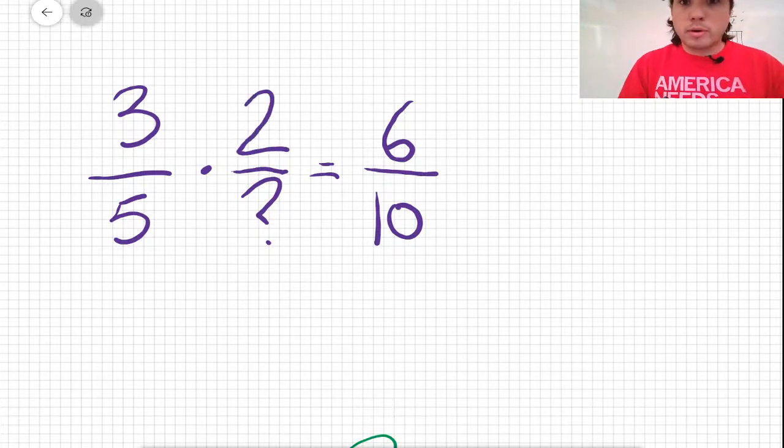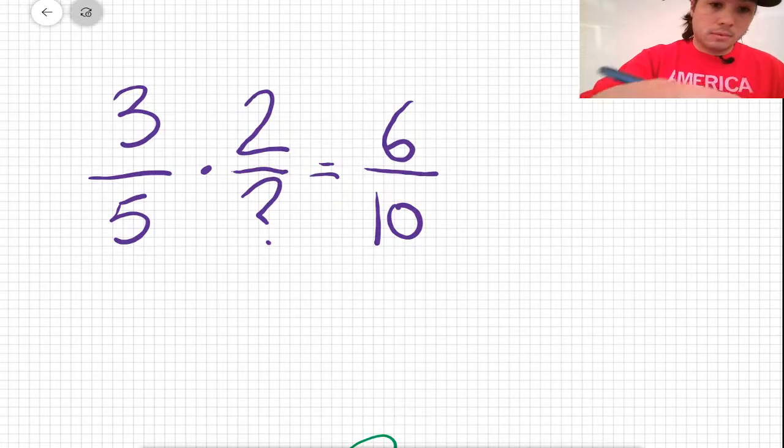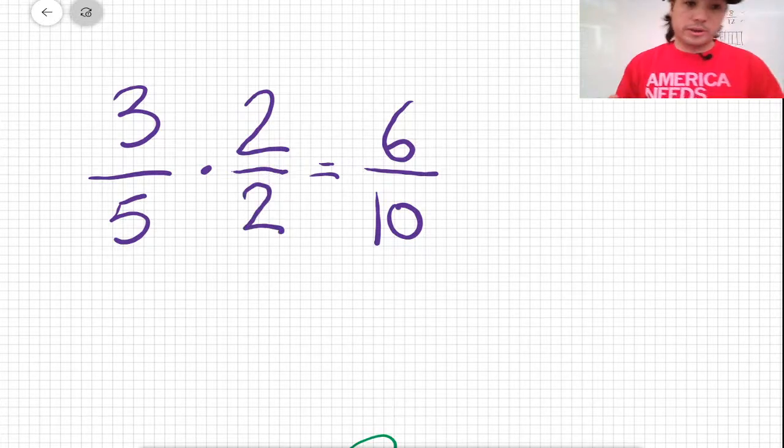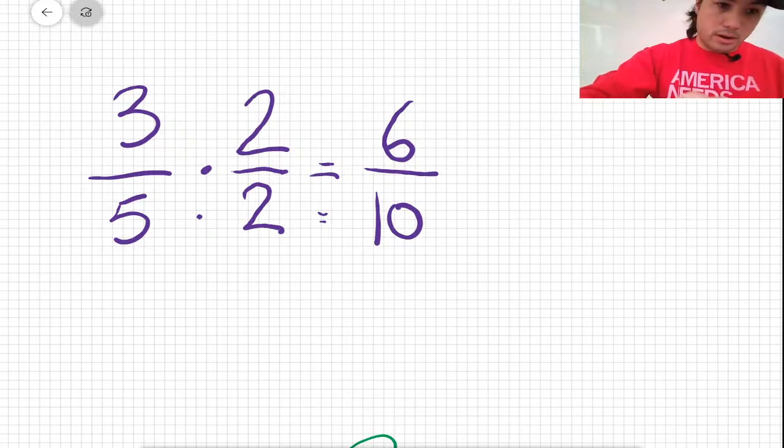And if we're dealing with an equivalent of 1, stands to reason that this is going to be 2 halves because our numerator and our denominator have to be the same number. And does 5 times 2 equal 10? Why, yes, it does. So we know here we've got the right fraction to fill in the blank.